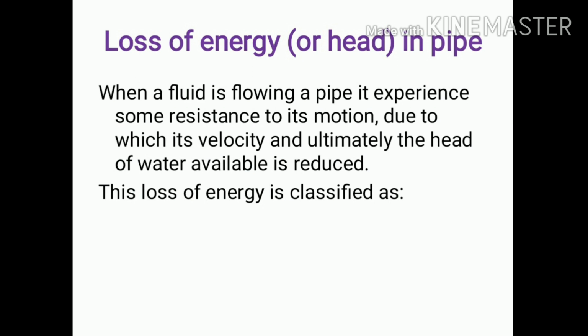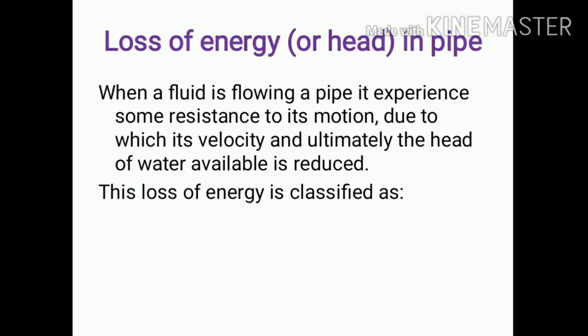Here P1 by rho g is the pressure head, V1 square by 2g is the kinetic energy head, and Z is the potential energy head. So these three types of energy get lost while the fluid flows from one point to another.